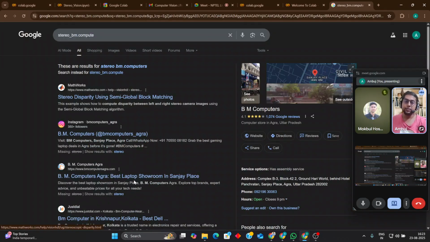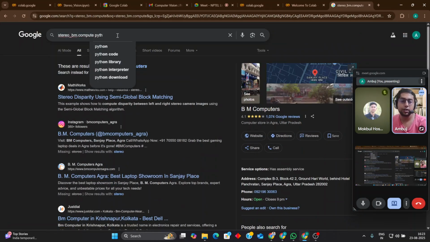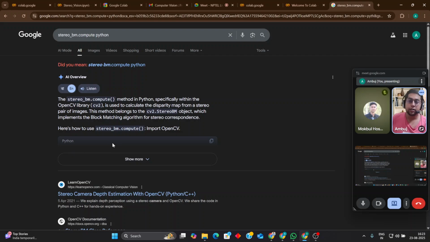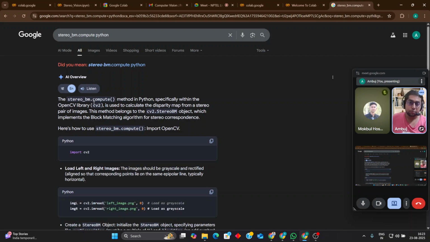I have to write Python here because in MATLAB also this particular function is there. This method is already defined in your OpenCV, and you already imported OpenCV as cv2.